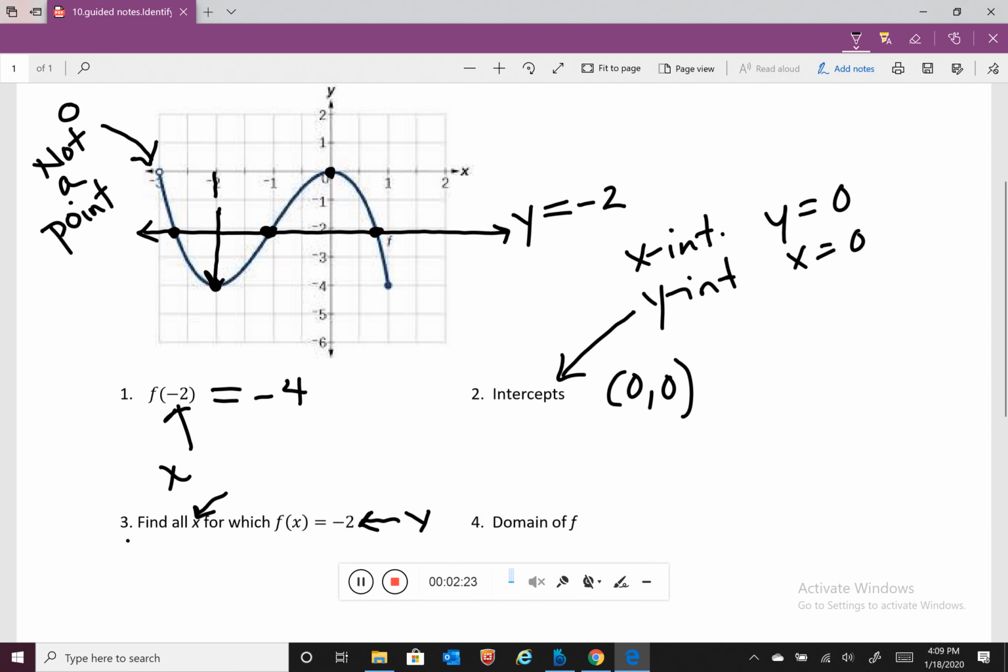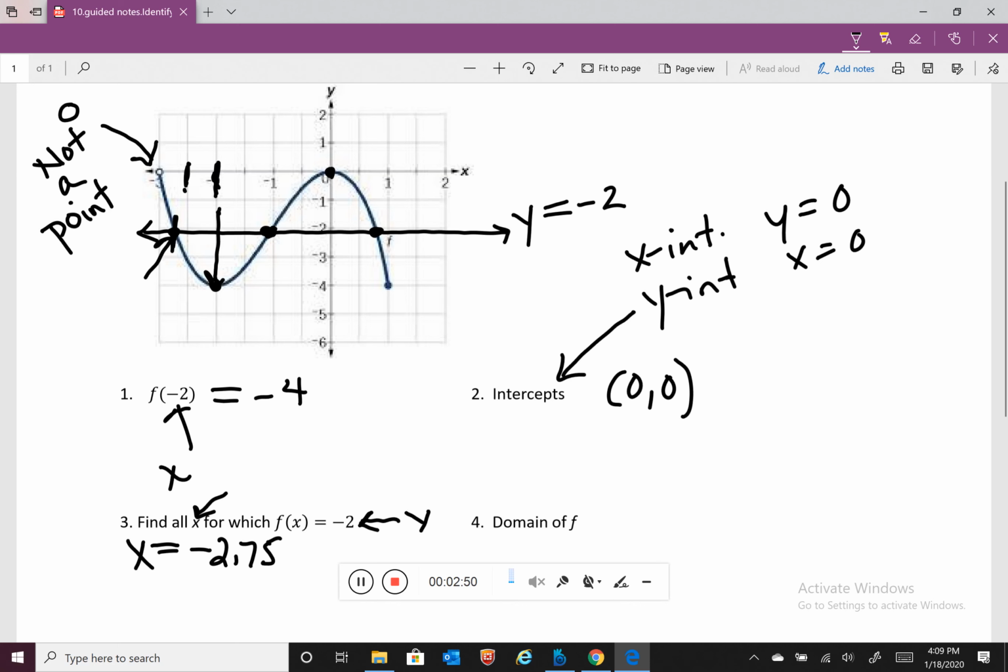So the first point where y is -2. Now reading our scale is going to be very important here. Notice this is -2. This is -3, which means this right here is -2.5. And this is right in between -2.5 and -3. So it's about -2.75.